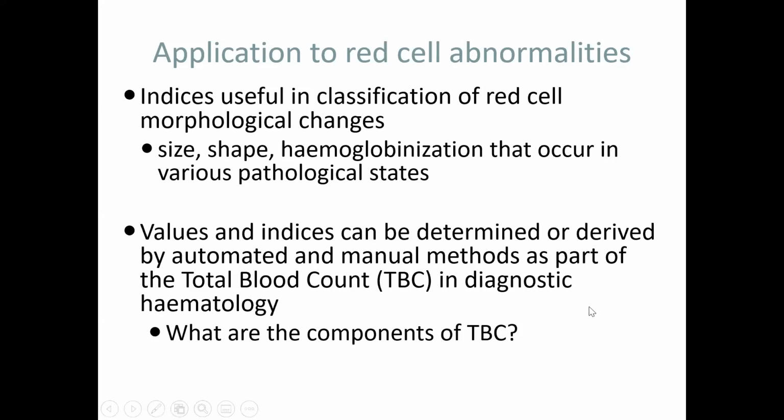And as I had told you earlier, these values and indices can be determined by automated and manual methods. And these are part of the total blood count. If you've not come across the total blood count, you will come across it.